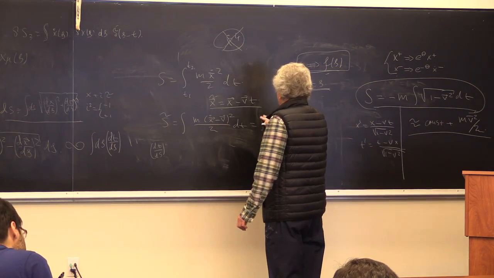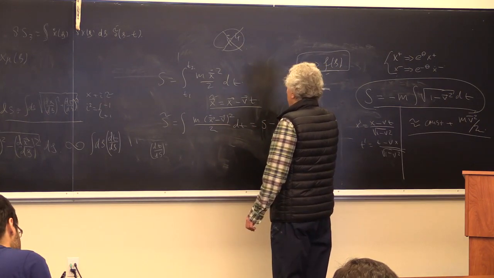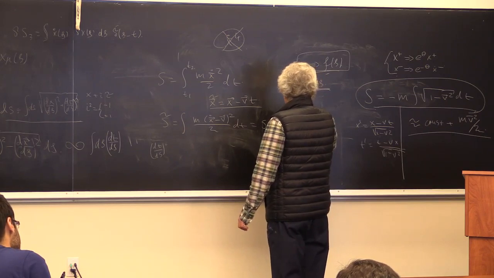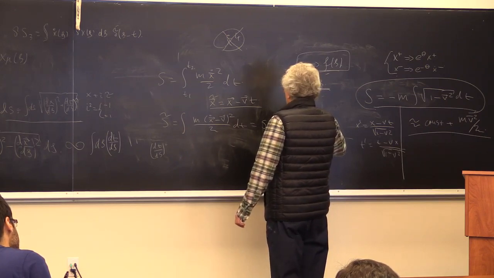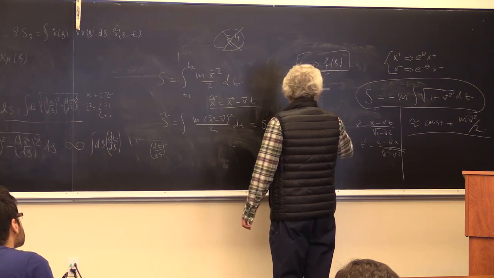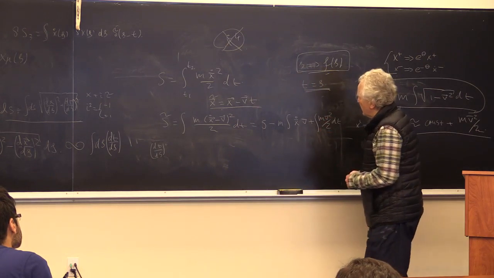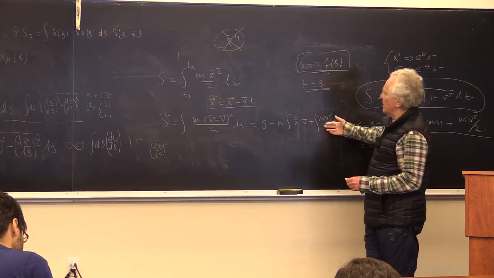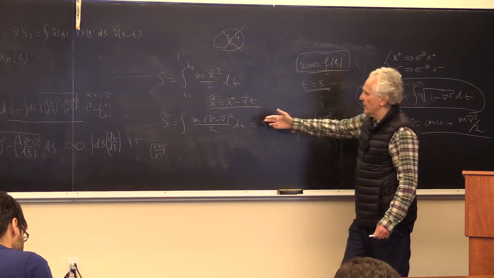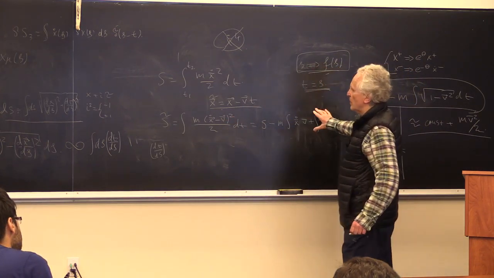We have the old action minus m integral x dot v plus m v square divided by 2. The last term is just a constant. v is a constant. So it doesn't change the equation of motion.